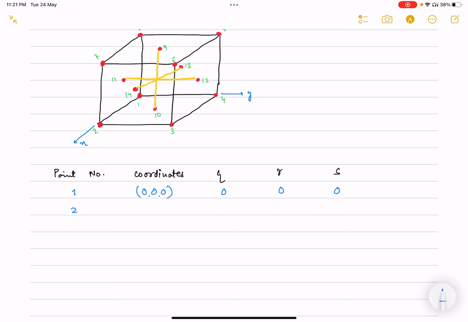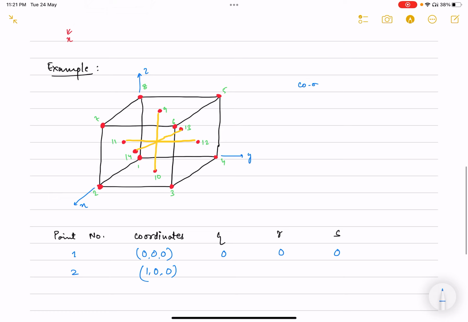For point 2, the coordinate value is equal to q times the edge length. Here we consider all three edge lengths as unity, so the fractions become equal to the coordinates.